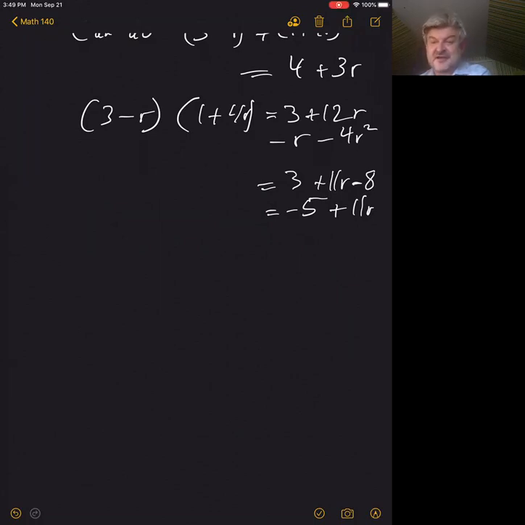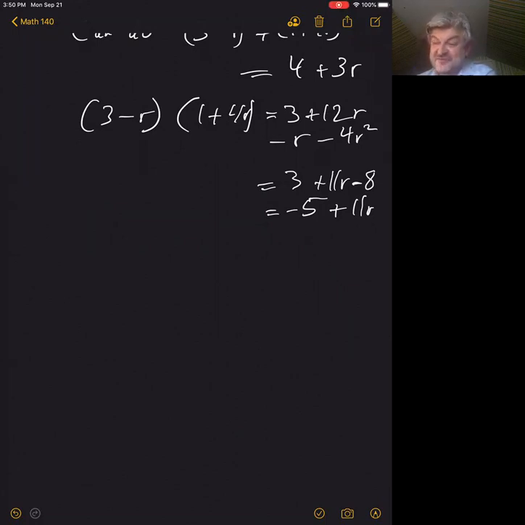That is a rational number, actually an integer even, but rational number, plus a rational multiple of R. And that's generally true. When you multiply two numbers of that form, you get another number of that form, because every time you encounter an R squared, you replace it by 2. And so that's quite obvious. Whenever you add, subtract, and multiply in this set of numbers, you stay within the set.